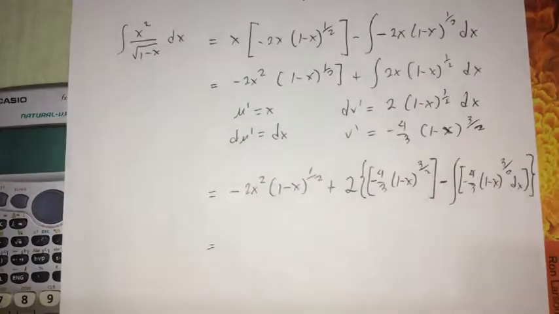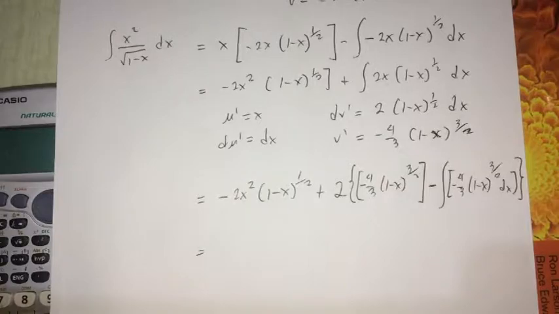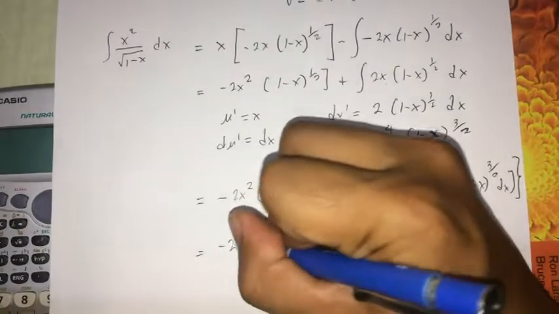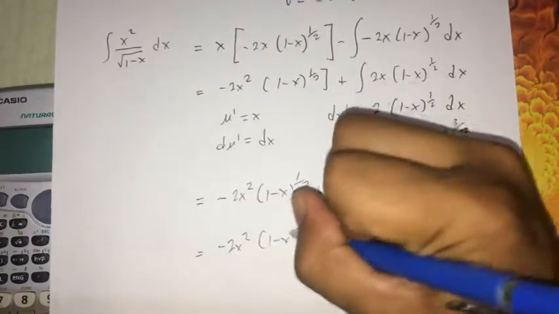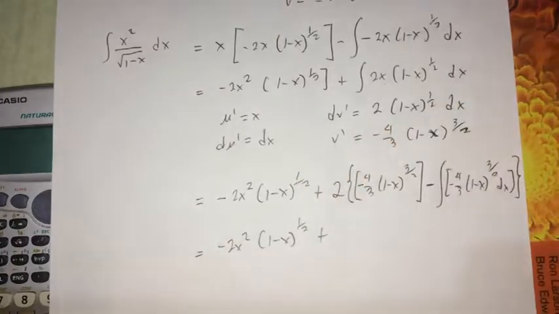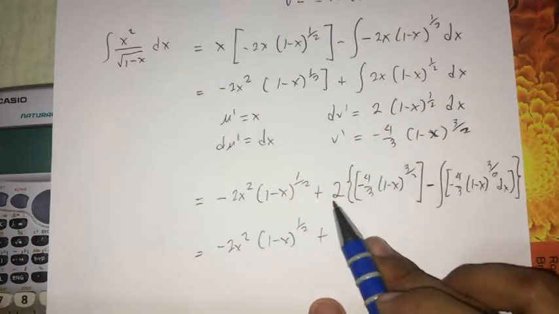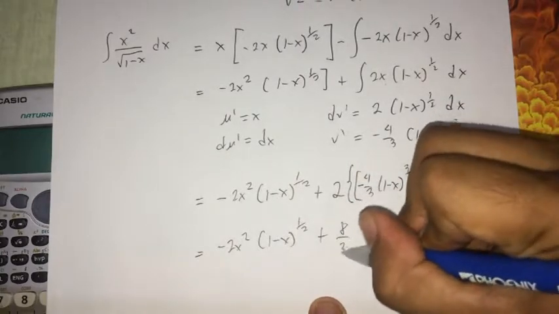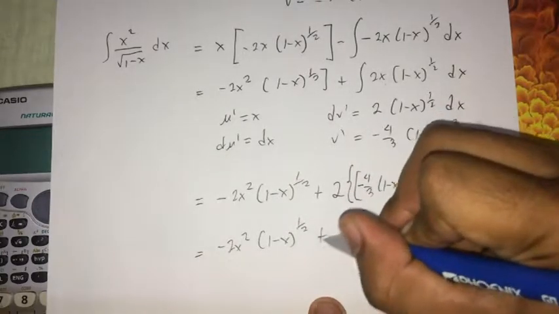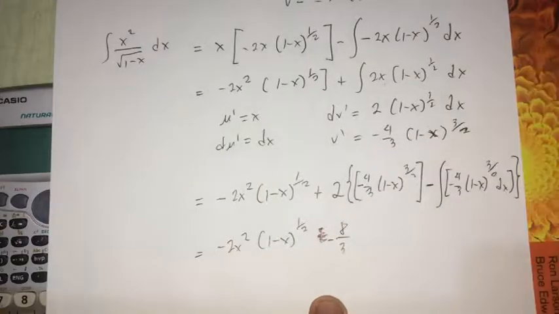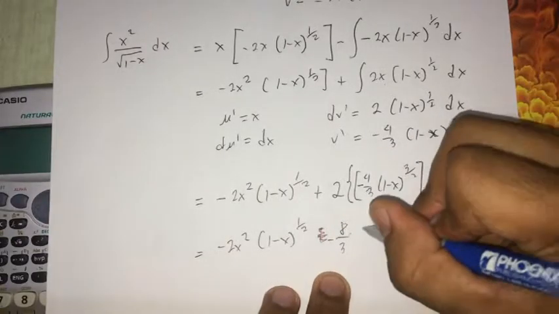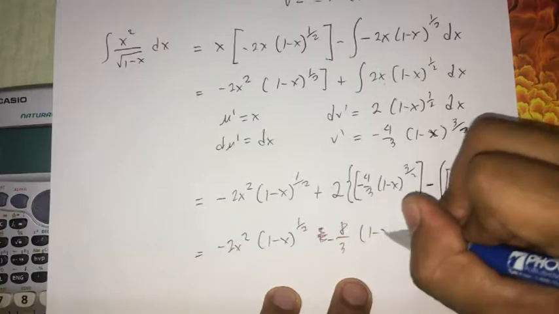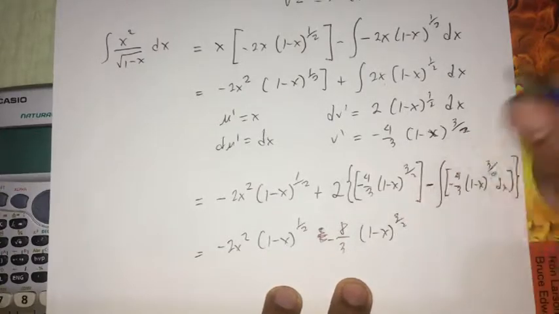Next, isi-simplify na lang po natin. We now have negative 2x squared times 1 minus x raised to 1 half plus. Dito po, distributive property. So, magiging negative 8/3. Pwede na po nating burahin si positive. So, we have negative 8/3 times 1 minus x raised to 3 halves.